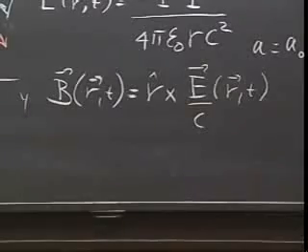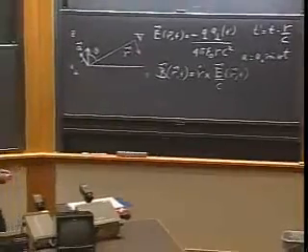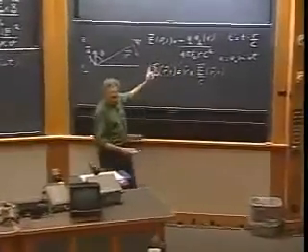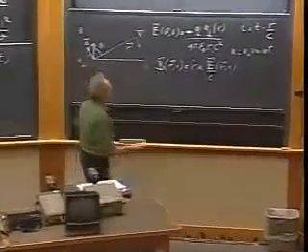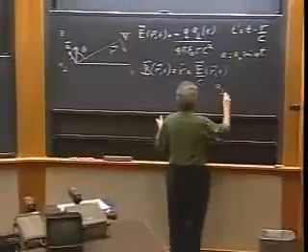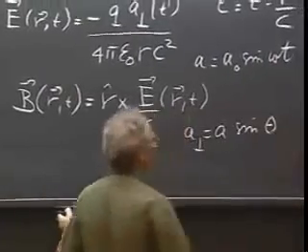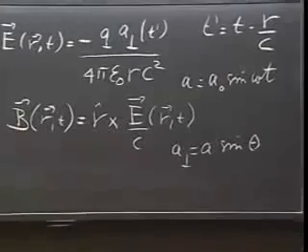So now comes an interesting point that we have stressed before, and that is that A perpendicular depends on theta. A perpendicular is A times the sine of theta. It is this component.